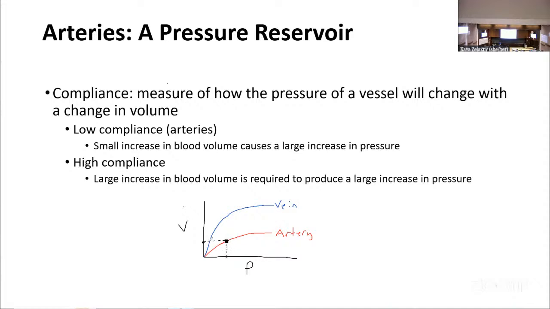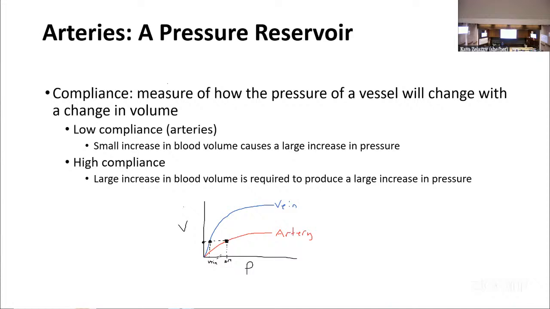But if we look at that line and where it crosses our vein line, we can see we've caused a much lower pressure here. So artery, pressure with that amount of volume, vein amount of pressure with that amount of volume.